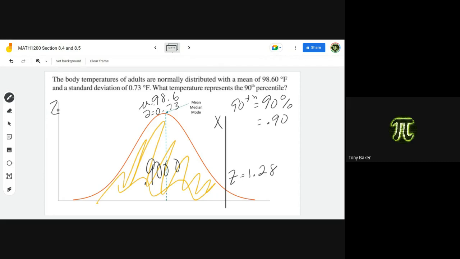My formula was Z equals X minus the mean divided by the standard deviation, right? I know my Z, it's 1.28. I don't know my X. I know my mean is 98.6. And I know my standard deviation, 0.73.